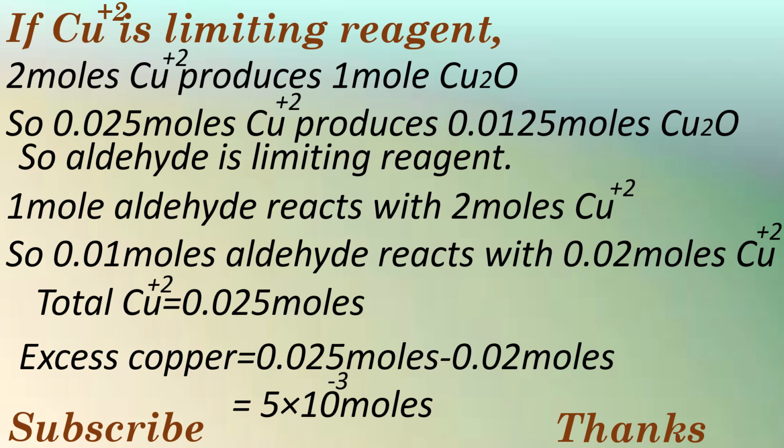So 0.025 moles minus 0.02 moles is equal to 5 exponent minus 3 moles. So excess copper is calculated to be 5 exponent minus 3 moles. So we have calculated excess copper. In this way, aldehyde and different reducing sugars are detected.